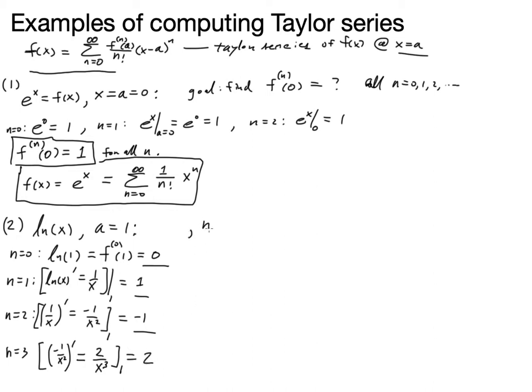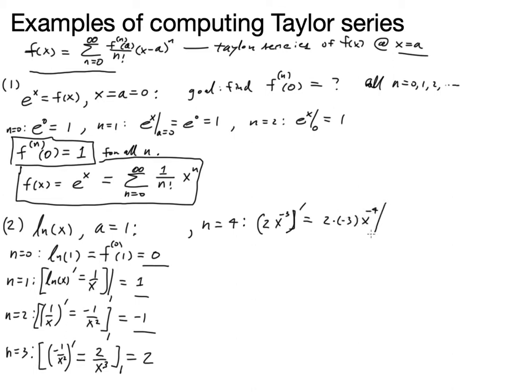I'm going to go one more, n is equal to 4 here. What we have here is 2 times x to the negative 3 power. We're going to take the derivative of this. And of course, we're going to get 2 times negative 3 x to the negative 4.